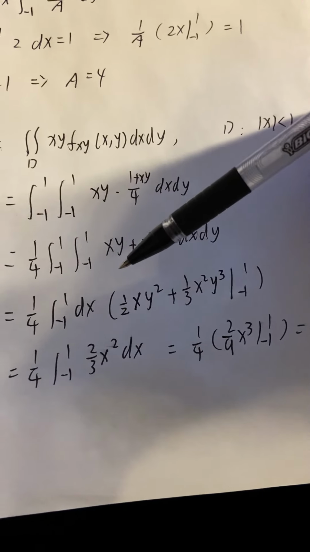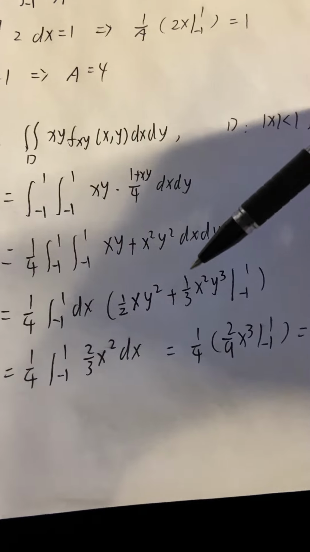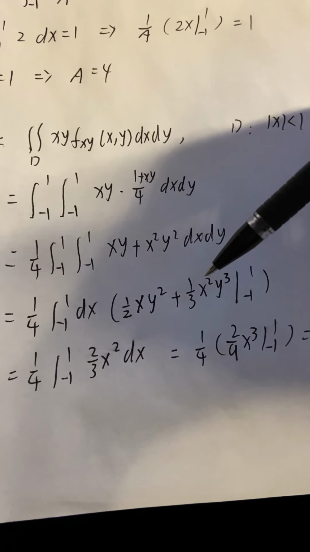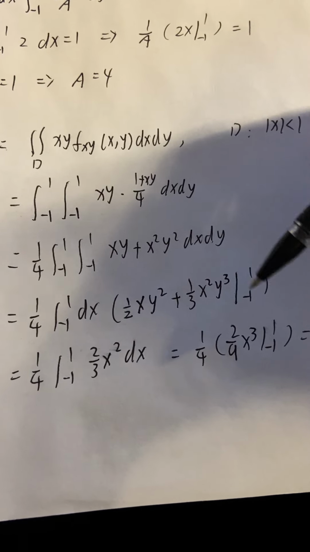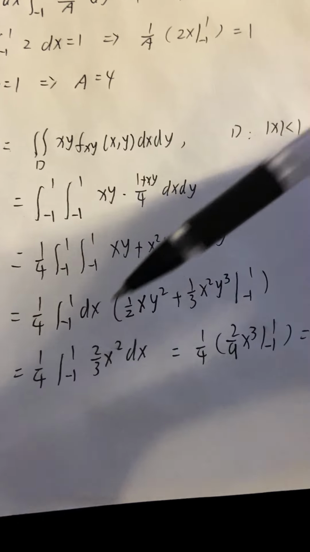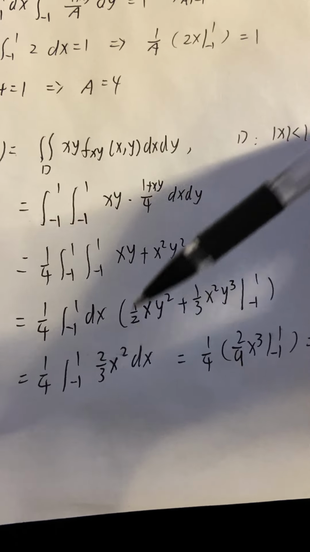It will be 1/2 times x times y squared plus 1/3 times x squared y cubed, where y is from -1 to 1. So it will be 2 divided by 3 times x squared.